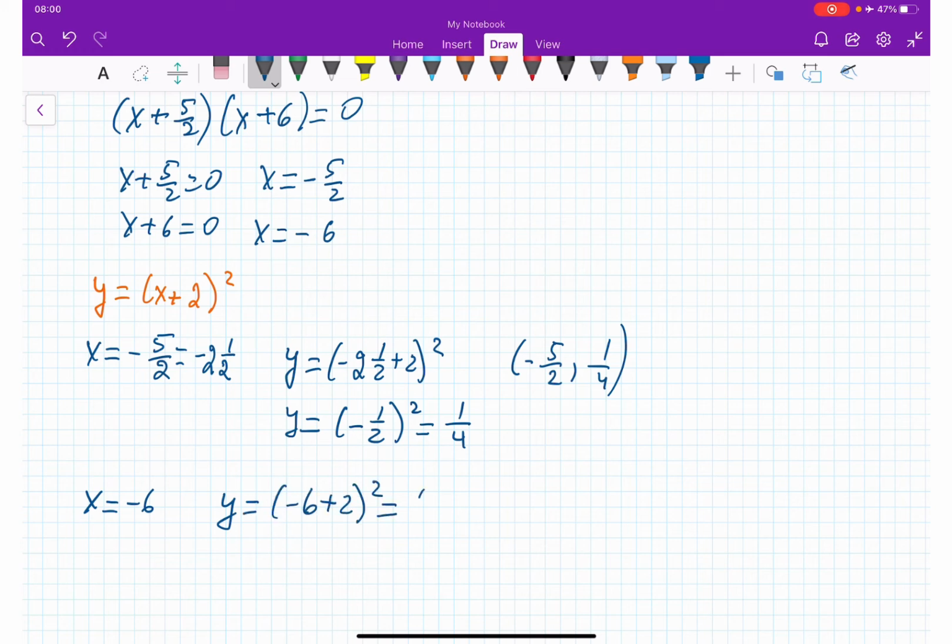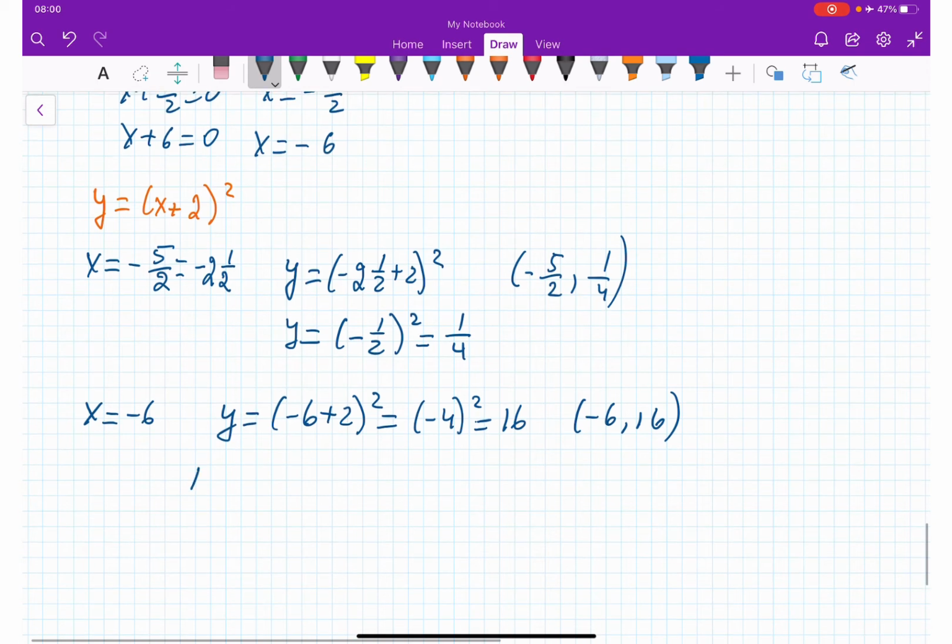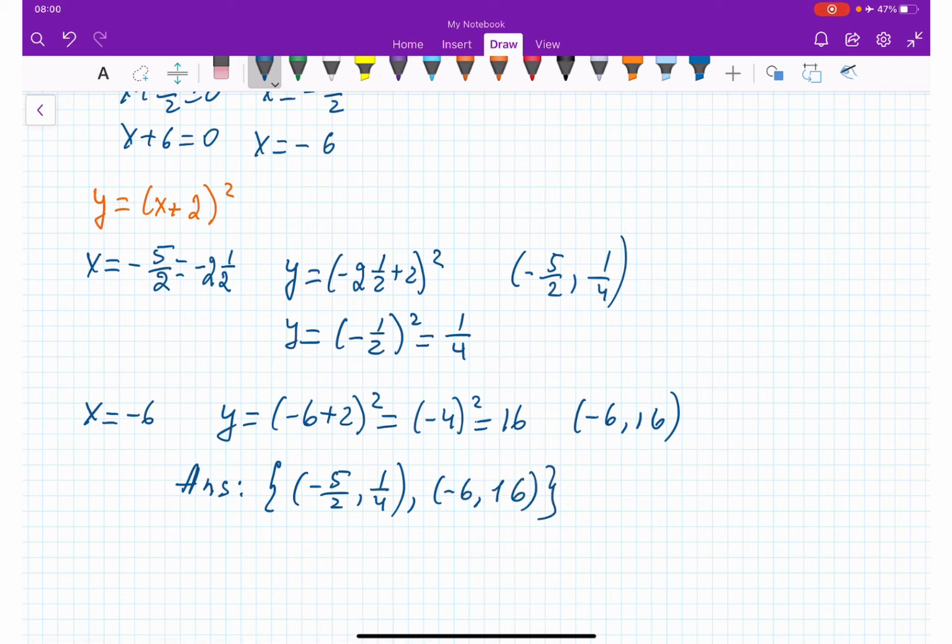It's going to be negative 4 squared, which is 16. So the answer is going to be negative 6 and 16. Okay, from here, our answers are negative 5 over 2, 1 over 4, negative 6, and 16. And that's it. Question number 7.